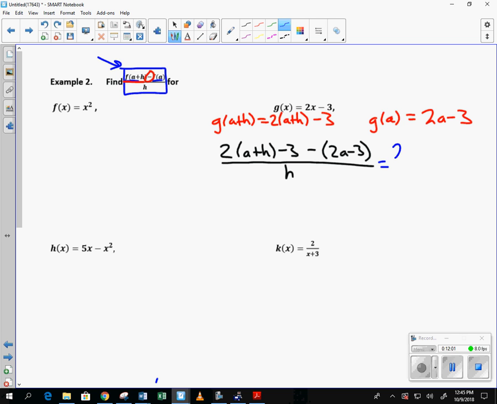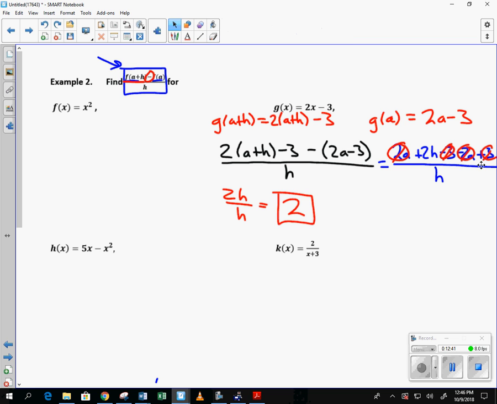I get 2a plus 2h minus 3 minus 2a plus 3 all over h. What cancels? 2a's, the 3's, leaving me with 2h over h. And what do we get? Dos, which is Spanish for 2. Okay, so good for you.